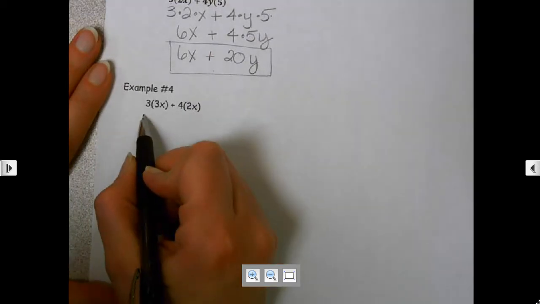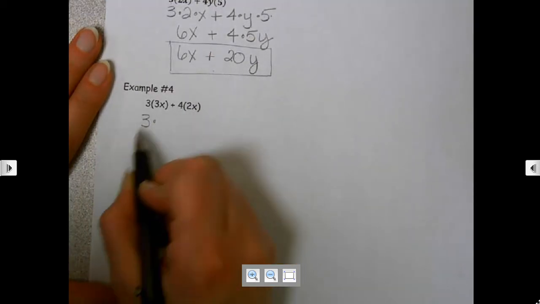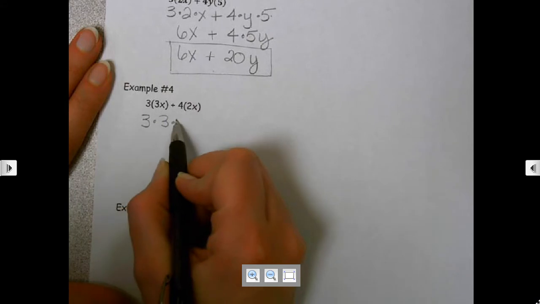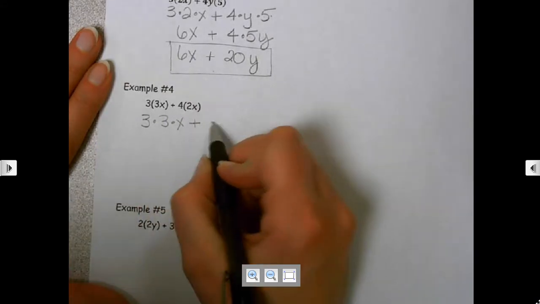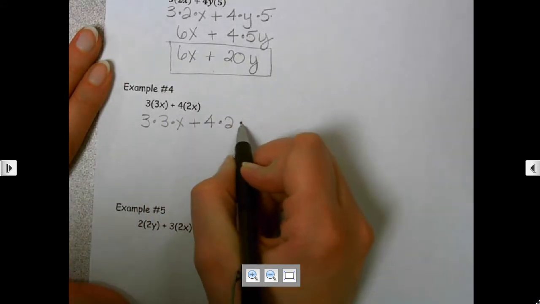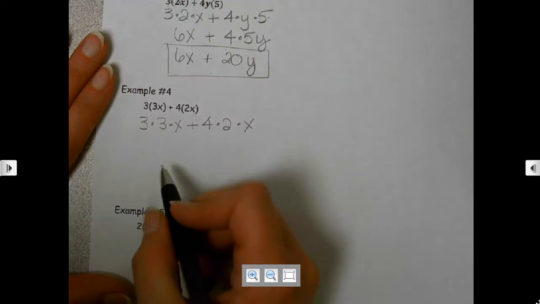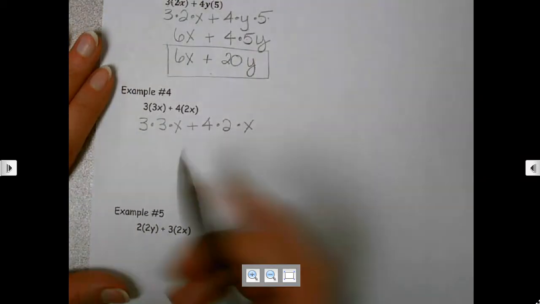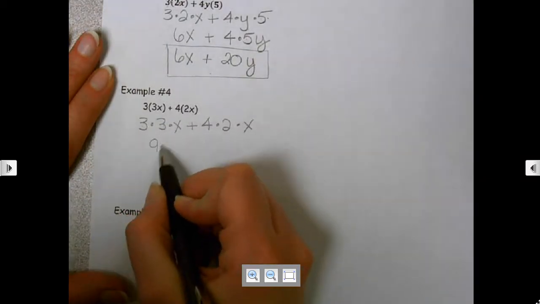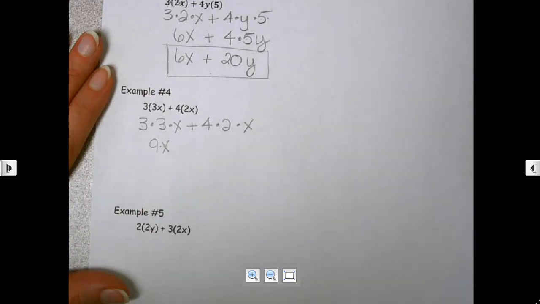Okay. If I take a look, I notice that I have 3 times 3 times x plus 4 times 2 times x. Once again, if I look at the first term, luckily the two numbers are together, and I do not actually have to use the commutative property. 3 times 3 is 9 times x.